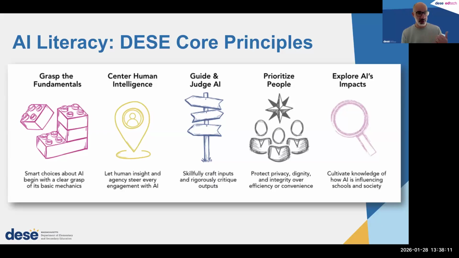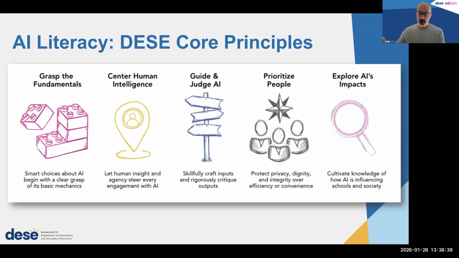In part 3, the previous video, we explored the disposition of centering human intelligence, so making sure all of our actions are in that human-centered framework of human, machine, human. And now in part 4, we're going to look at this 3rd skill or disposition and core principle of guiding and judging AI. This has to do with skillfully crafting our prompts and our inputs, and then really thinking about evaluating the output that's generated.